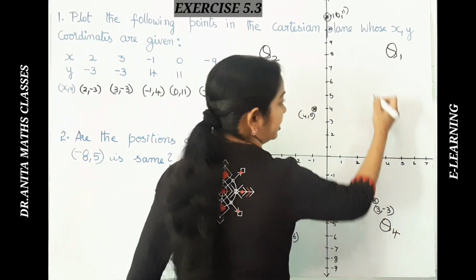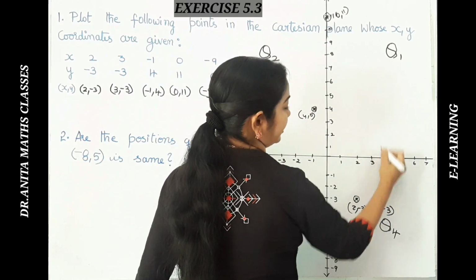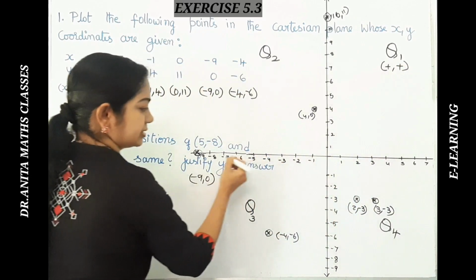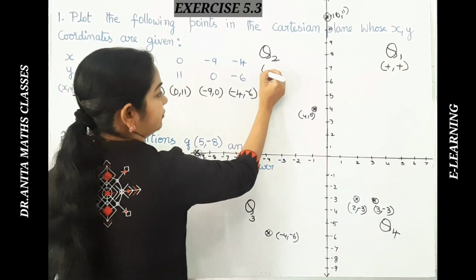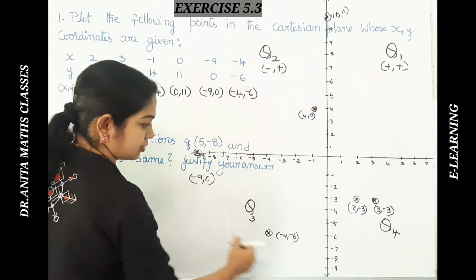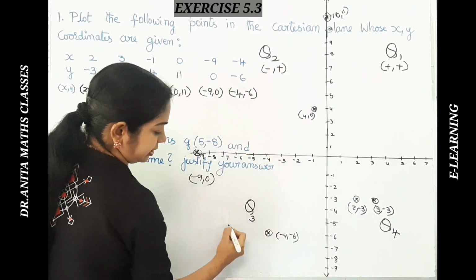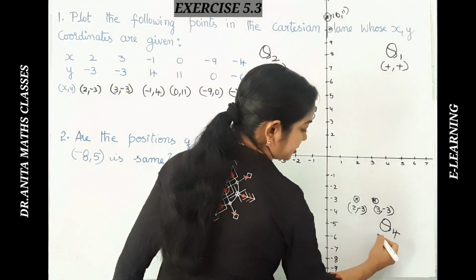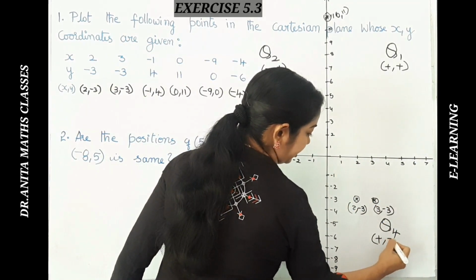Q4, fourth quadrant. In the first, x and y both are positive. In the second, x is negative whereas y is positive. In the third, both are negative. And in the fourth, positive and negative.